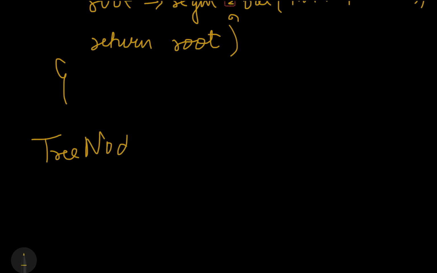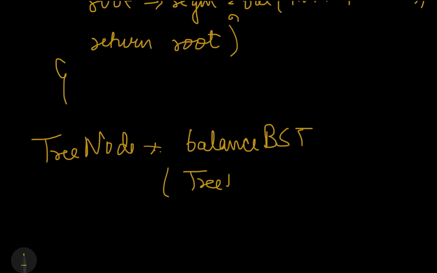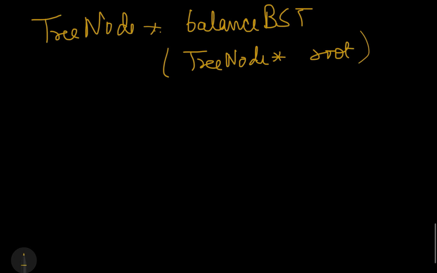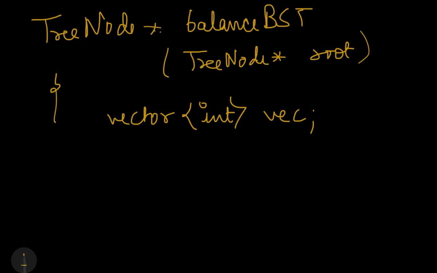Then finally, what will we do in our main function? Our main function is balance BST. And what have we been given in this? We have been given a root of tree node type. So first we make our vector over here.